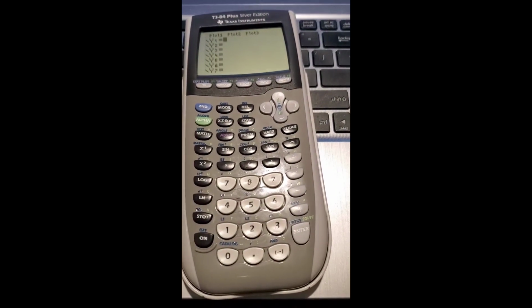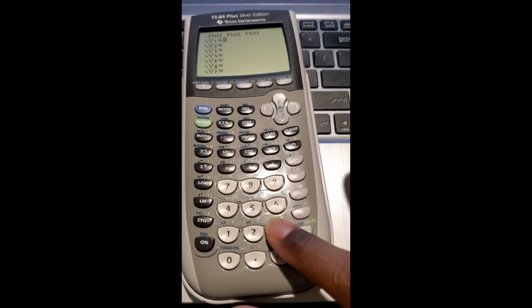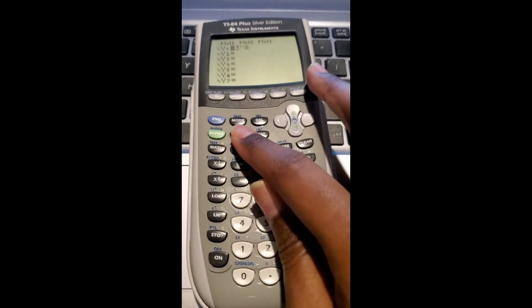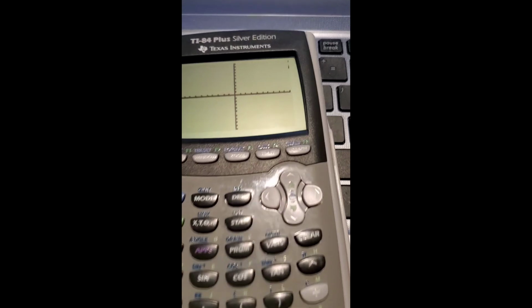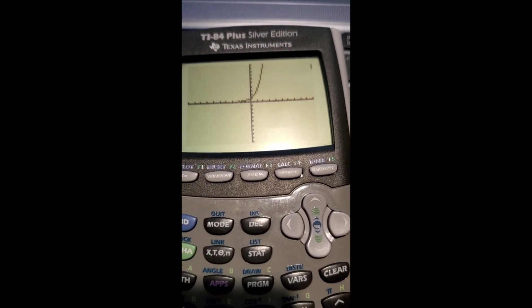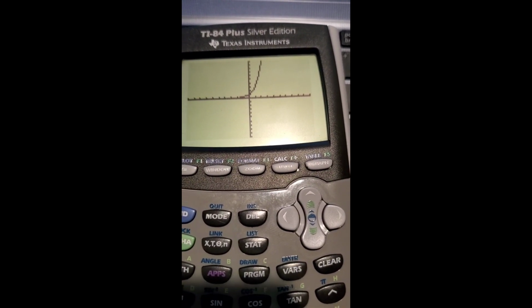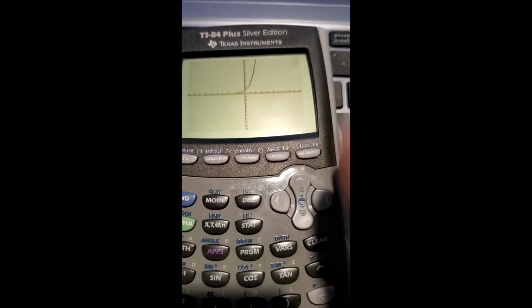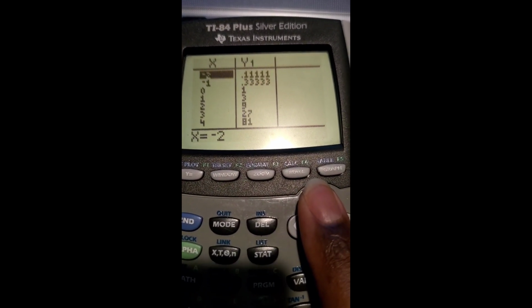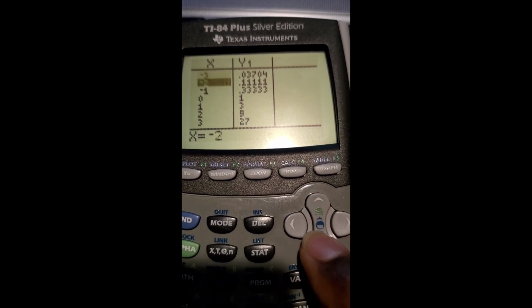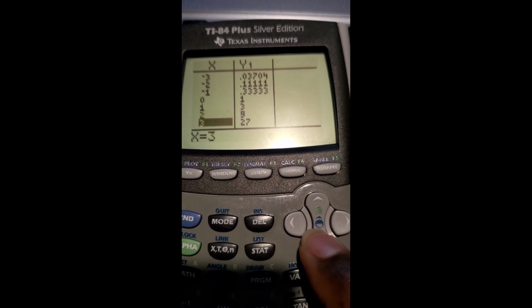The equation we had was 3 to the power of x. You can press graph and you will have your graph. As you see, it was pretty similar to ours, and we can check by going to our table. These are the same values we had in our table.